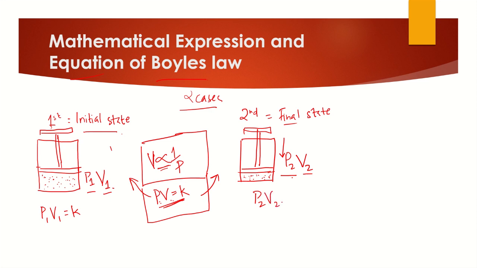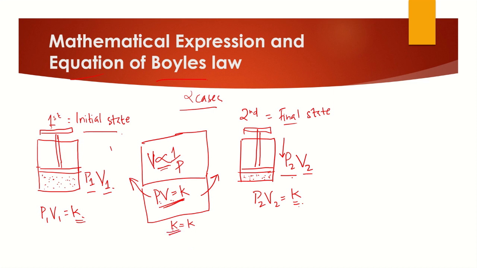So P2 V2 is equal to K. And we have already learned that this K is our proportionality constant. And we also know that the K here are constant and they are equal.